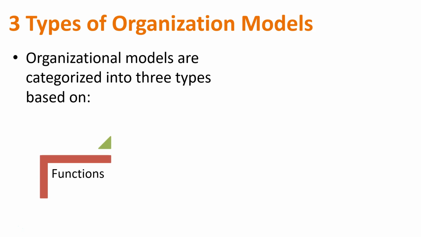If it's functional, that's often where you see the CEO has a CIO and a COO and these other groups, and the CIO has accounting and finance and a couple of other areas, right? And then IT will have development and project management and business analysis and support. And so that's a functional structure of an organizational model.